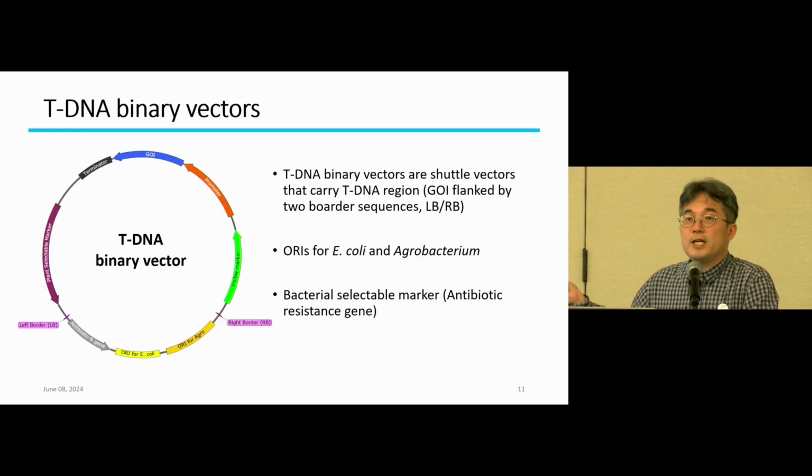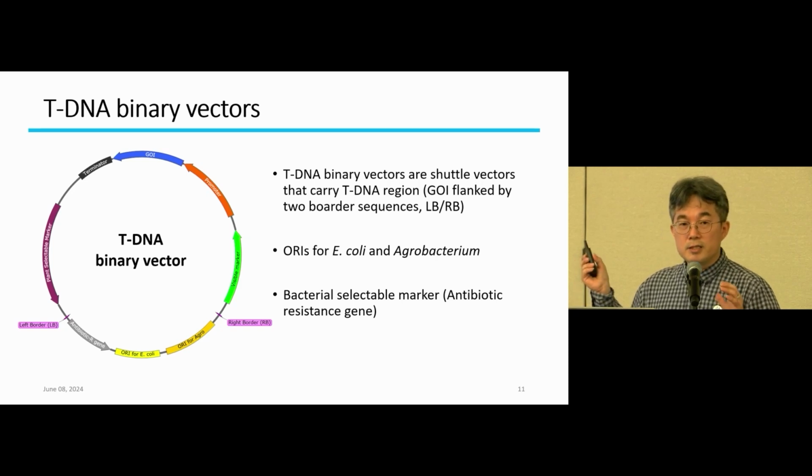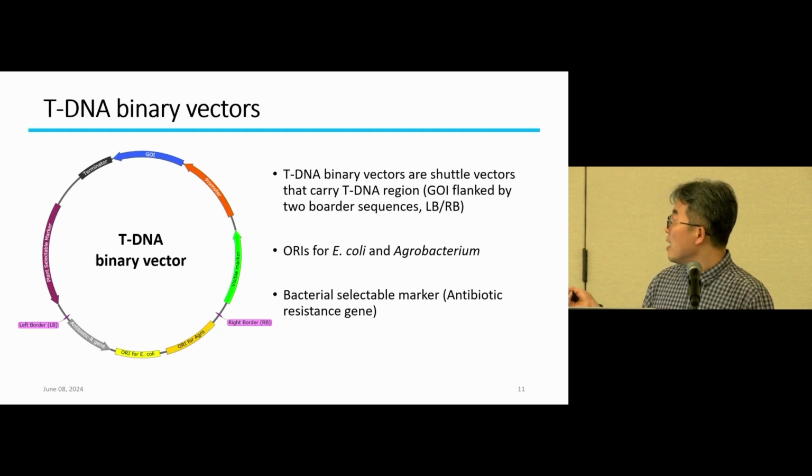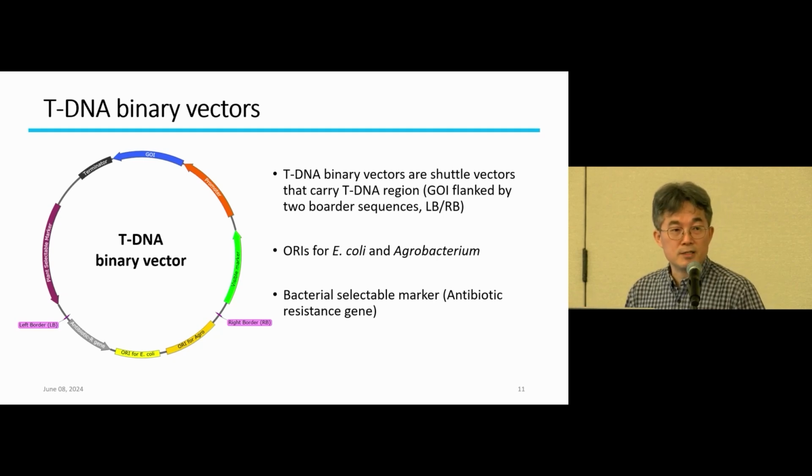For T-DNA, this is a basic part of the T-DNA vector. Again, because it's a plasmid vector, it also has an origin of replication. This is used for both E. coli and Agrobacterium. So usually you need a broad host range origin of replication, which can work in both E. coli and Agro, or you can put two origins of replication, one for E. coli and one for Agrobacterium.